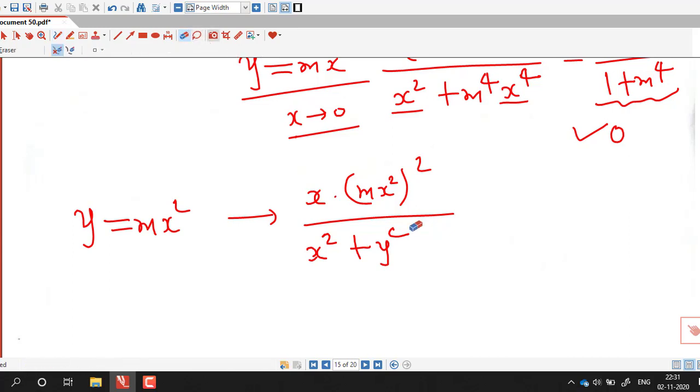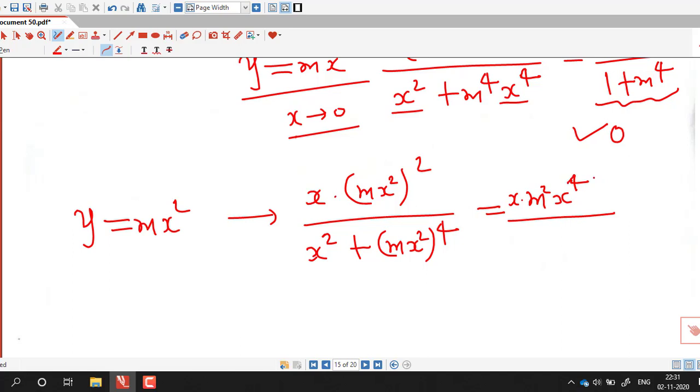And y equal to m into x square. So we have x square plus y raised to 4, that is m x square raised to 4. If we simplify this, we have x into m square into x raised to 4, and here we have x square plus m raised to 4 into x raised to 8.